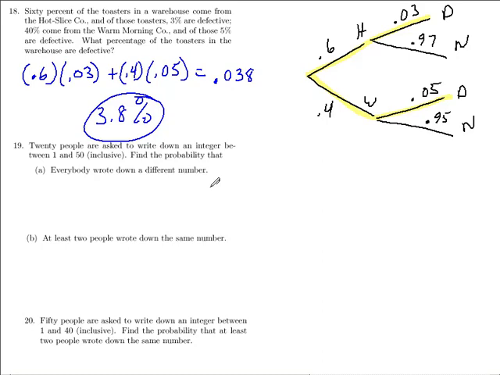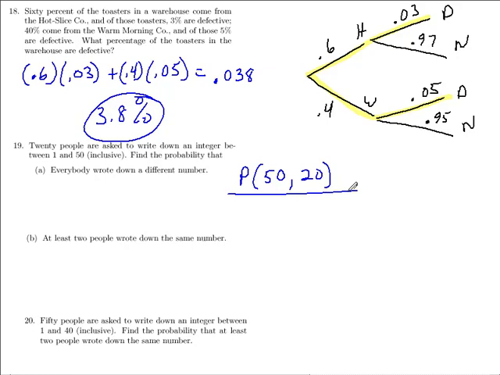But if you think about it, we're not allowing repetition. Order is important because, in essence, each person has picked their own number. If Bob picks 3 and Sue picks 15, that's different than if they swap numbers. So we have a permutation. We had 50 numbers to pick from, and we want 20 of them. That's the same thing as writing out 20 blanks and start off 50, 49, 48, 47, 46.